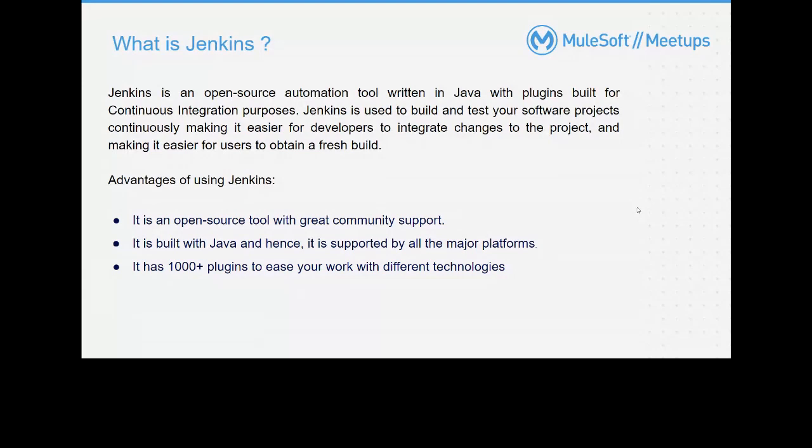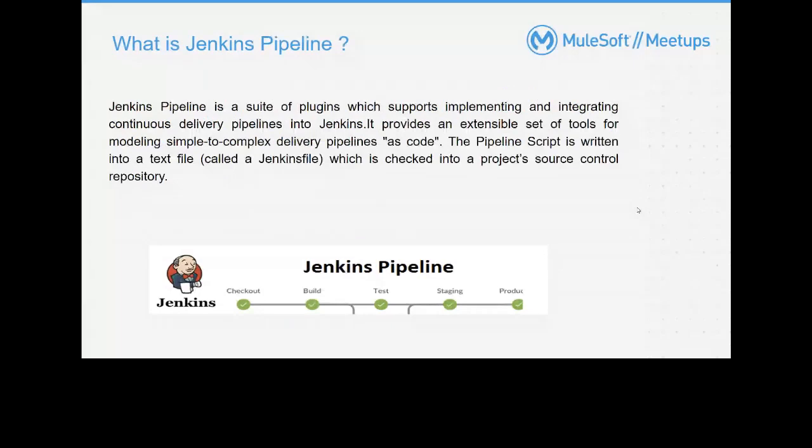Coming next, what is a Jenkins pipeline? A Jenkins pipeline is a suite of plugins which supports implementing and integrating continuous delivery pipelines into Jenkins. It provides an extensible set of tools for modeling simple to complex delivery pipelines as code. Writing a pipeline as code is the main feature Jenkins provides us.